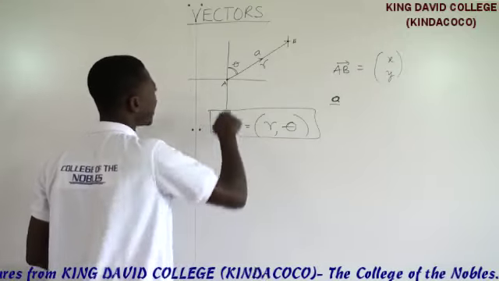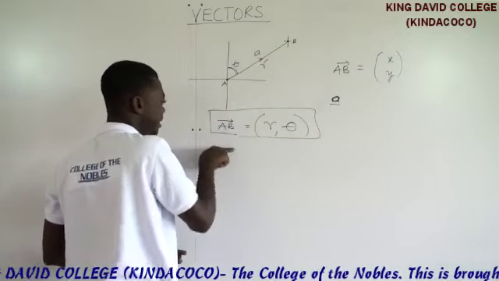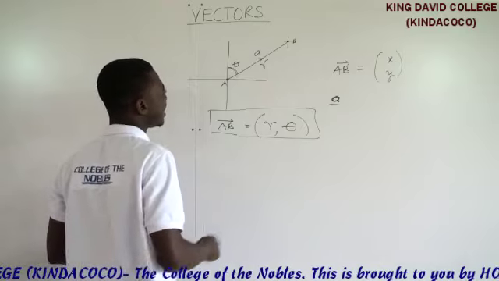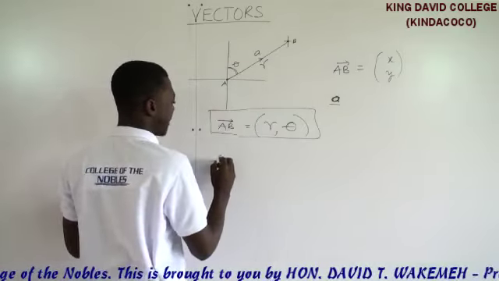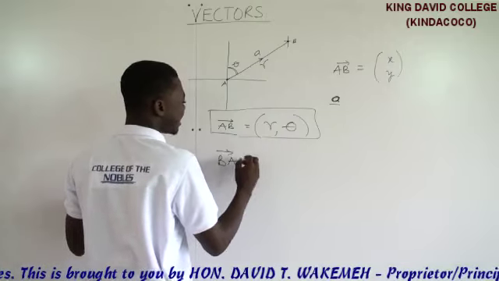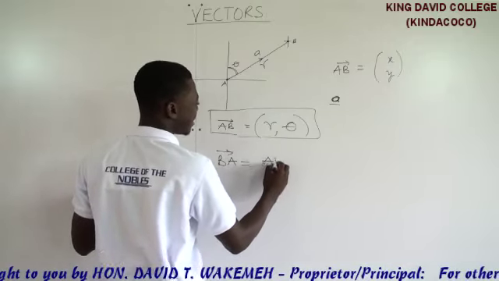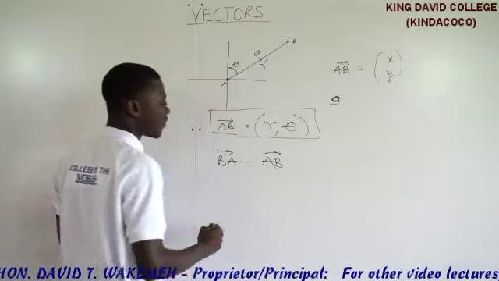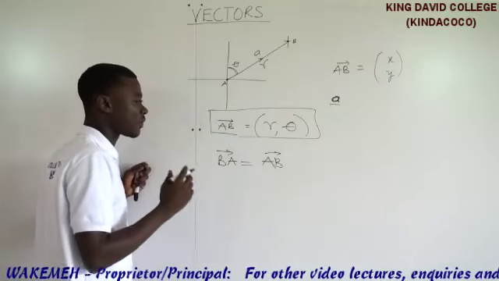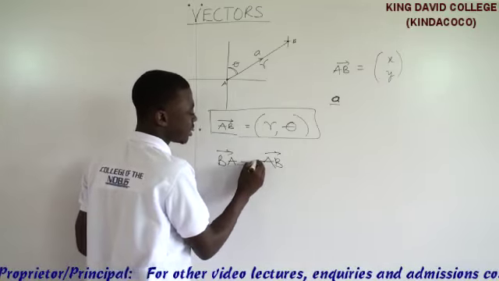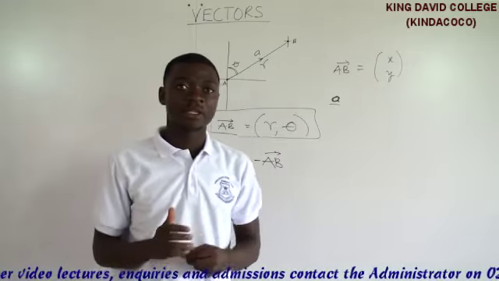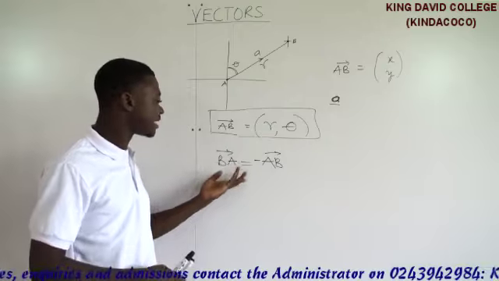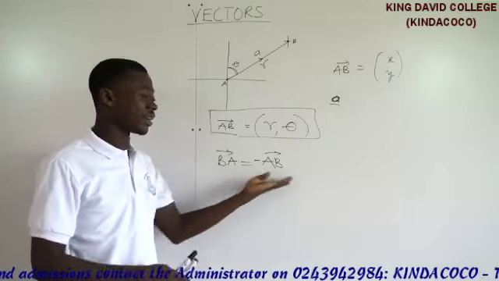If vector A to B is this, then definitely the one that is coming from B to A, which is vector B to A, is the same as vector A to B in terms of magnitude. But because of the concept of direction, this one has to be negated. So in terms of magnitude, that is the same car.